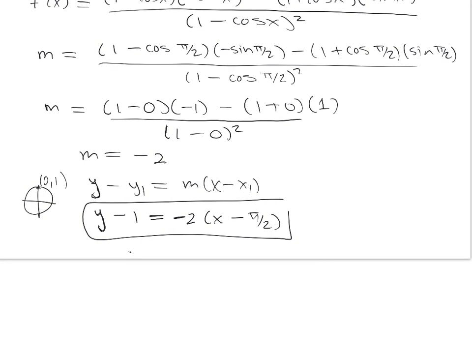Or if you felt like getting it into slope-intercept form, you could say y equals -2x plus pi plus 1, right? Definitely plus pi, because the negative distributes. Is that okay?